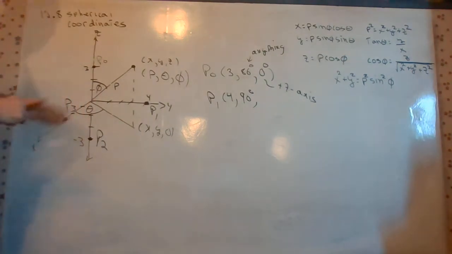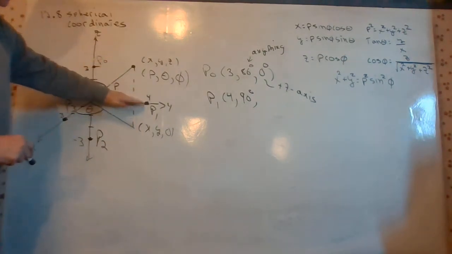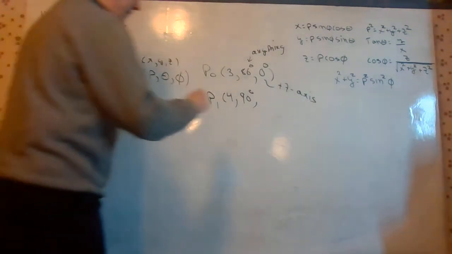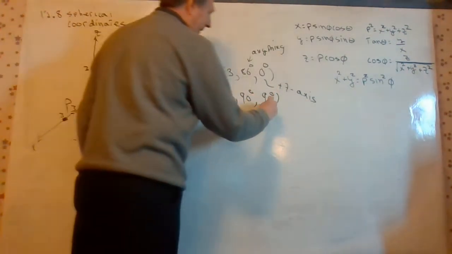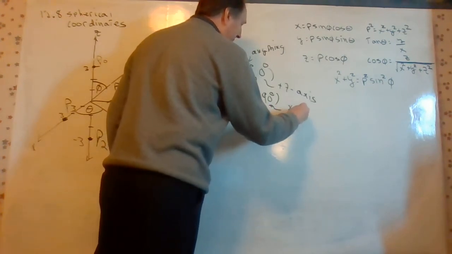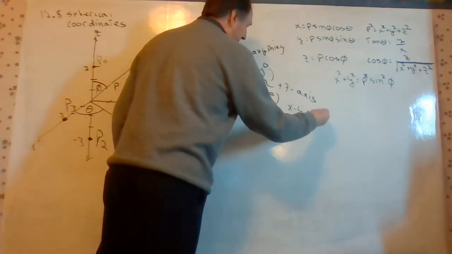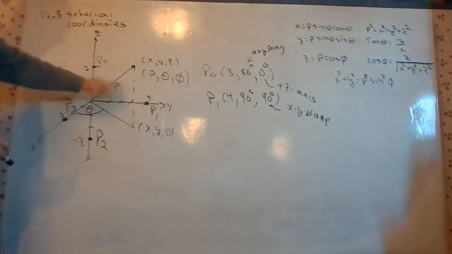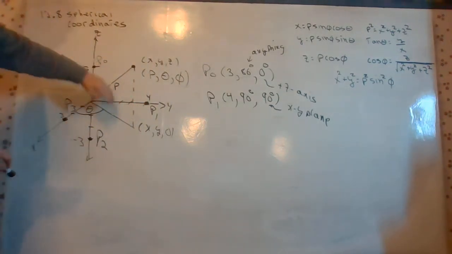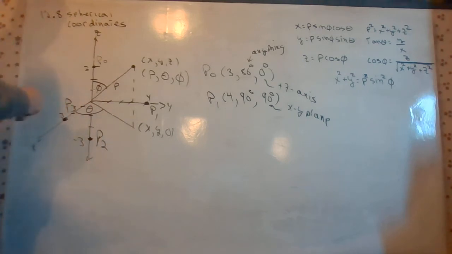And then phi, we'd have to draw phi from here down to the y-axis, and we get 90 degrees for phi. It's going to be 90 anytime we're in the xy plane. Anywhere in the xy plane takes us 90 degrees to get from the positive z down to that.